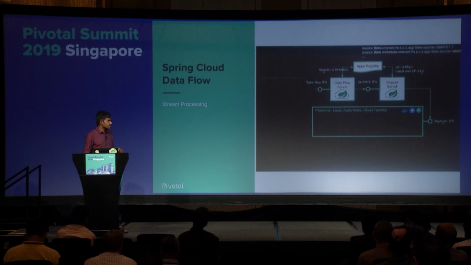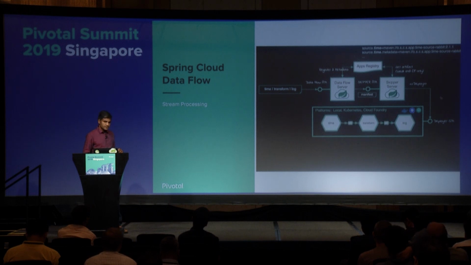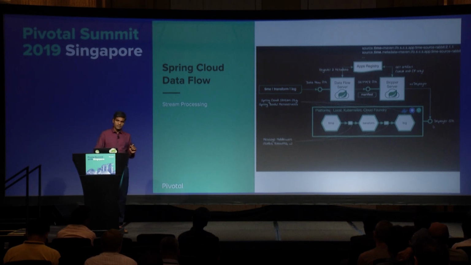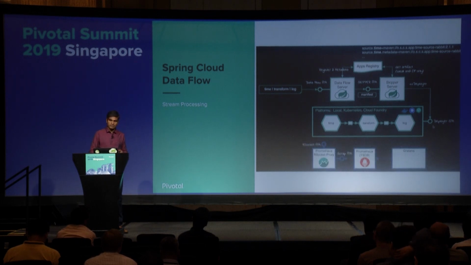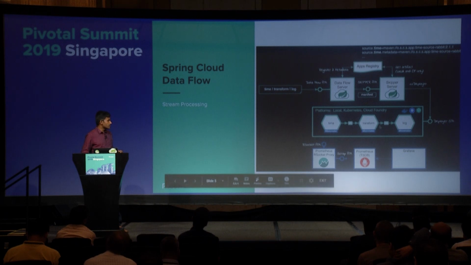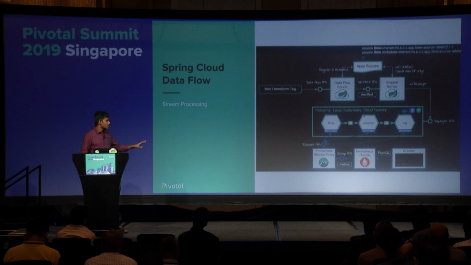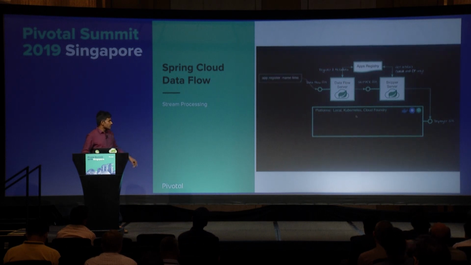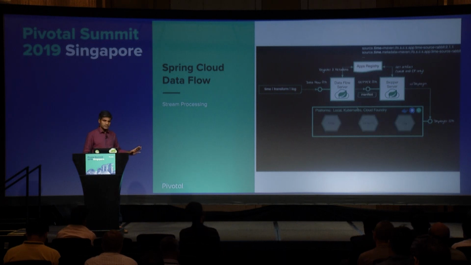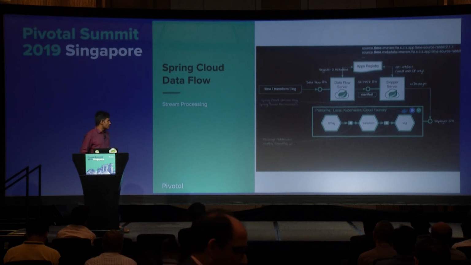Once the Skipper server receives the request from the Dataflow server, it sends the deployment request to the underlying platform. Earlier I mentioned the single server can be used to deploy to multiple platforms, right? So you can choose multiple namespaces in Kubernetes or multiple spaces in Cloud Foundry to deploy your applications into. Here we support Kubernetes and Cloud Foundry for production-grade workloads. Local is used mostly for development and debugging purposes. And so this is the workflow.